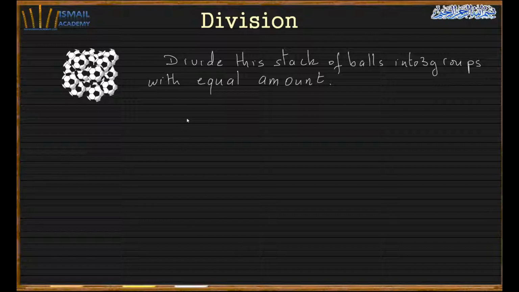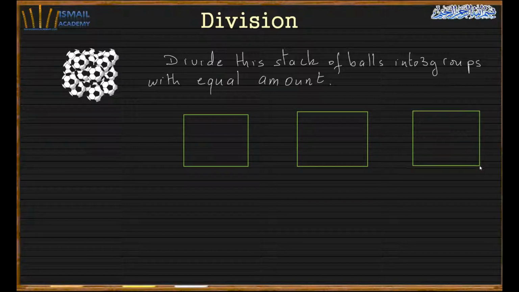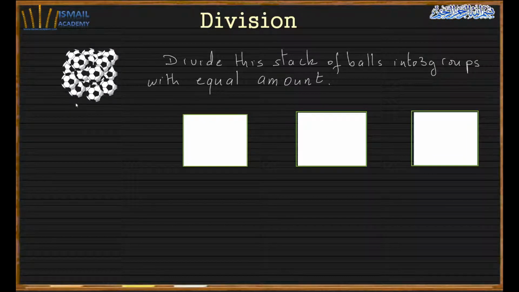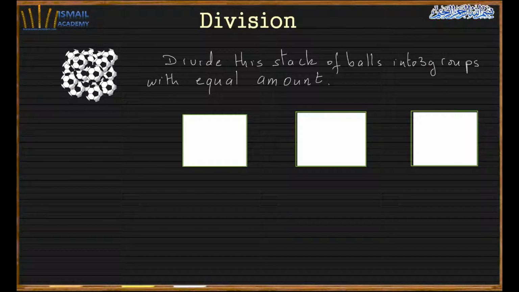I'm going to get three boxes, and I'm going to hide the inside of the box because I need it for the end. And what I'm going to do next, I will use the concept of subtraction. I will reduce from this stack of balls three balls, which is the same amount as the boxes I have here.